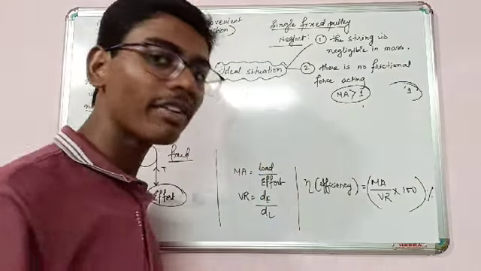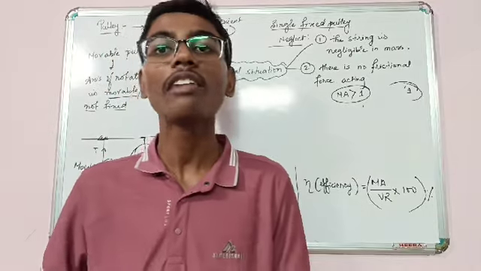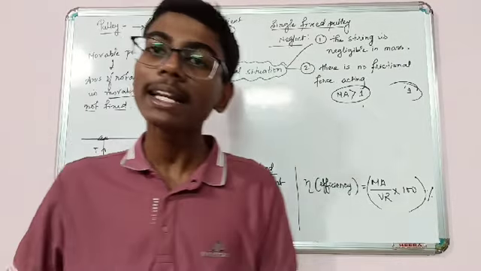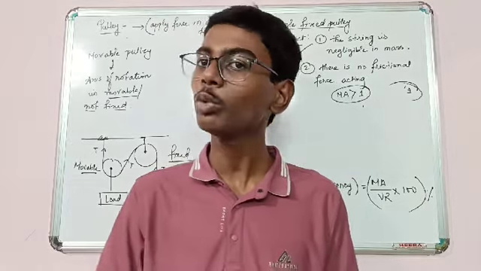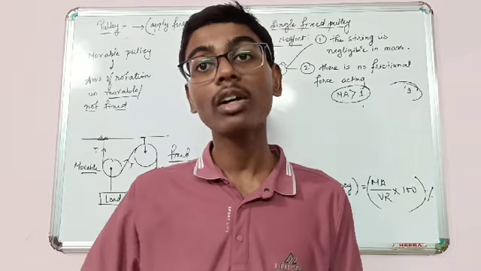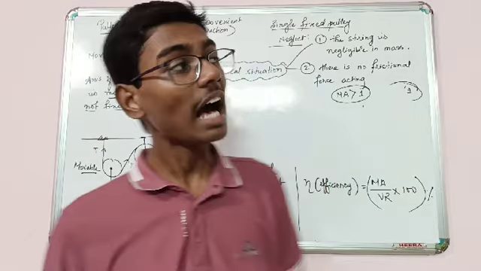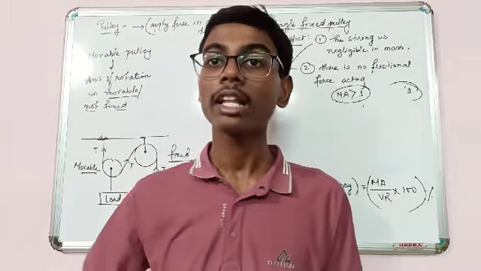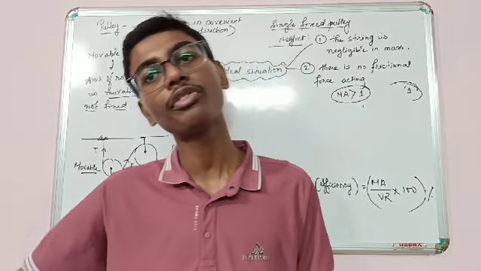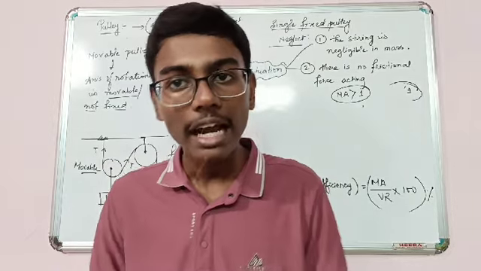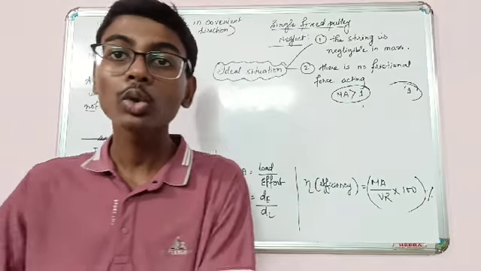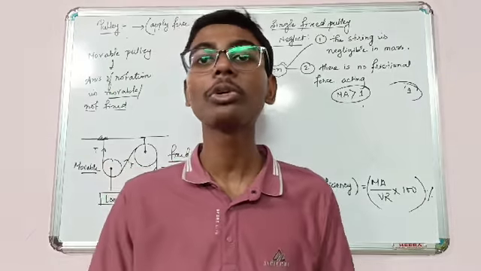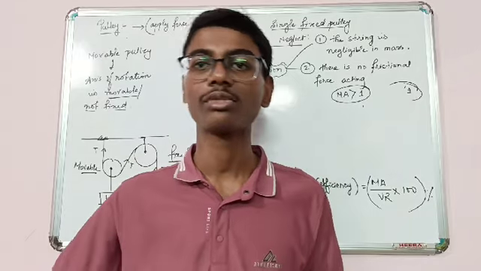So this was all, but the last thing that I want to tell you is regarding this ideal situation. Whenever you are going to solve any numerical, if the question says ideal situation, then you will assume it to be an ideal situation. If the question says nothing, again you will assume it to be an ideal situation. But sometimes the question will state that friction of 2 Newton is getting applied. At that point of time, remember to subtract 2 Newton, because 2 Newton of force is getting lost as friction.